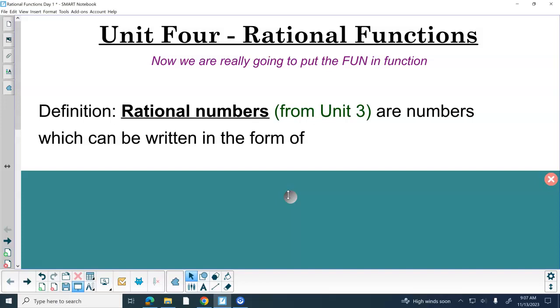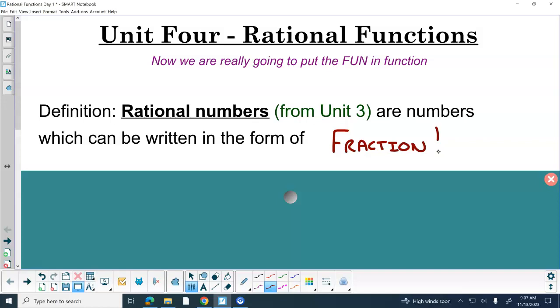Any number that can be put into a fraction. Yep, so it's any number that can be written in the form of a fraction. So that's a rational number. Numbers that can be written as fractions.